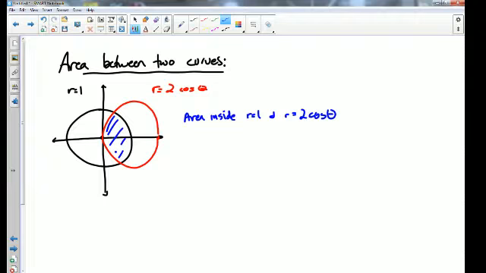One half integral of right minus left. You have to subtract, where the intersections are. So you subtract 2 cosine theta minus 1, and this is where that formula comes in.